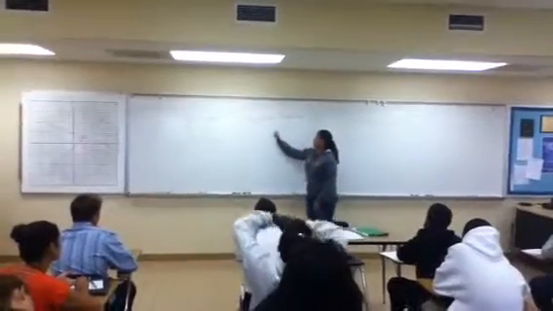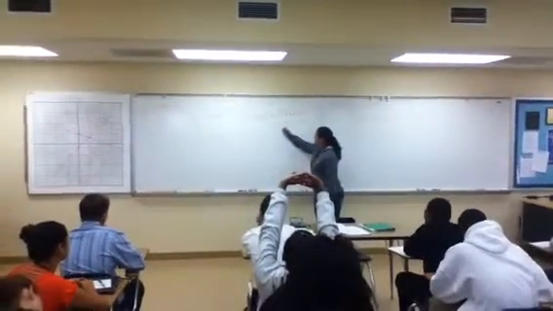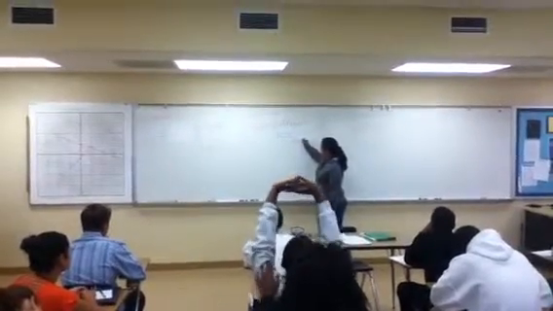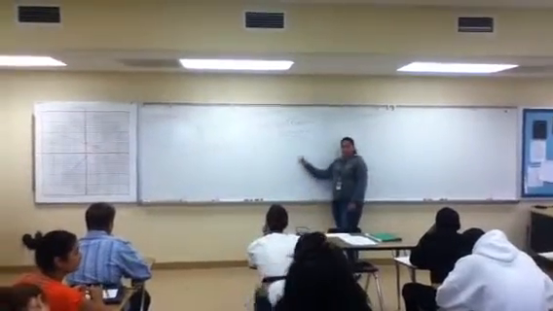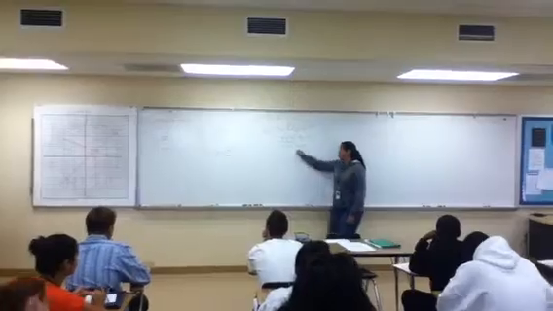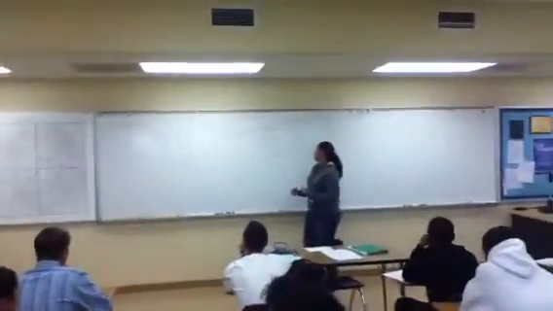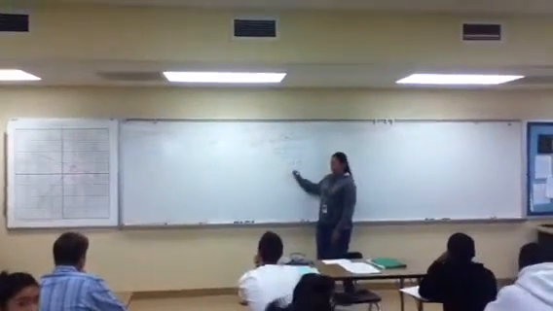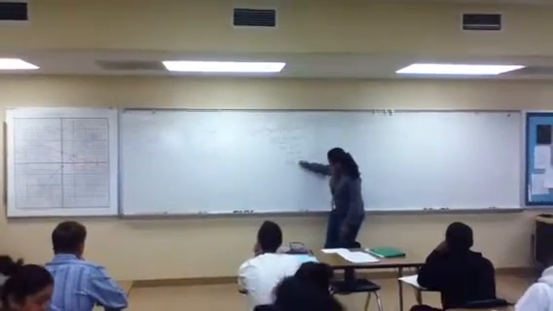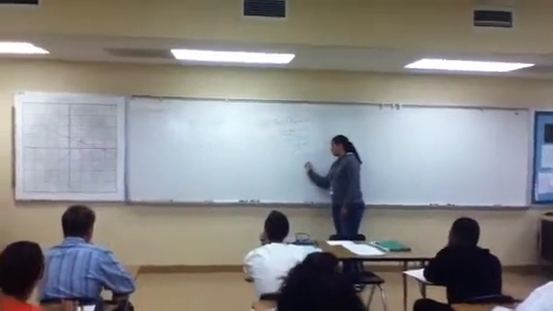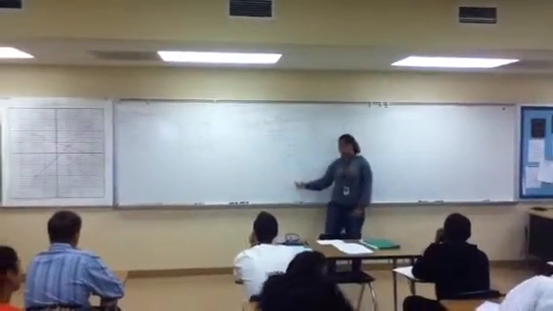Then we combine like terms, and we'll get 7x minus 4 equals 17. Then we'll add 4 to each side, and we'll get 7x equals 21. Divide by 7, and we'll get x equals 3.